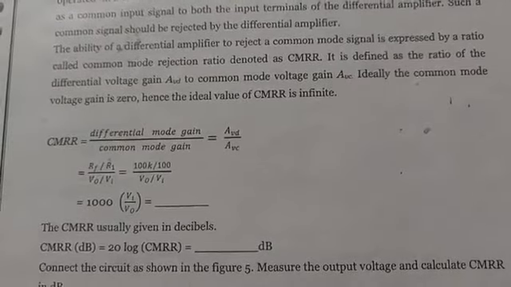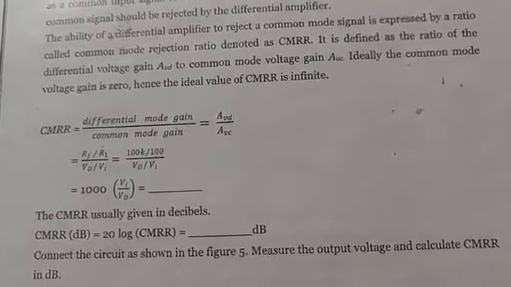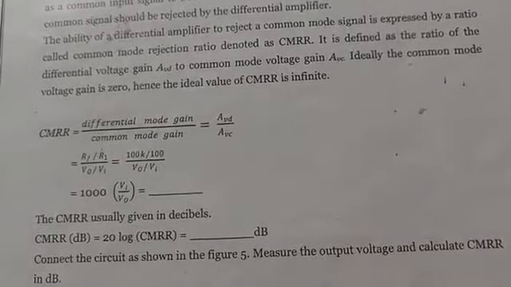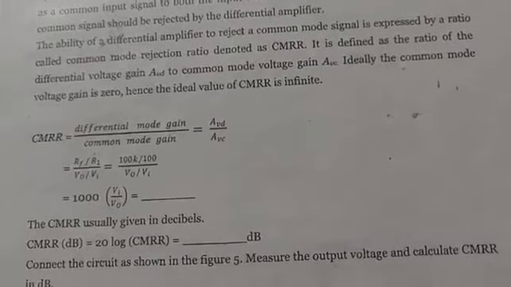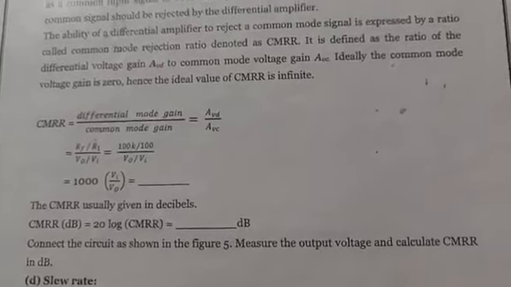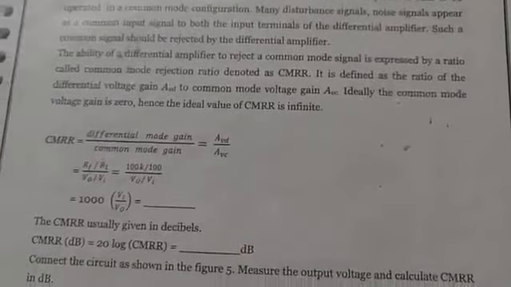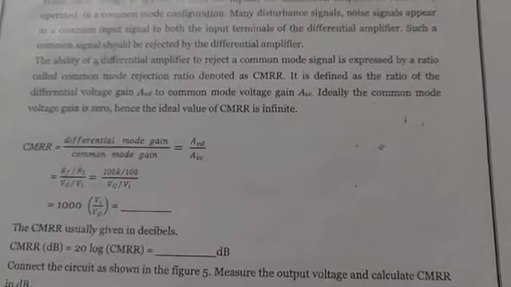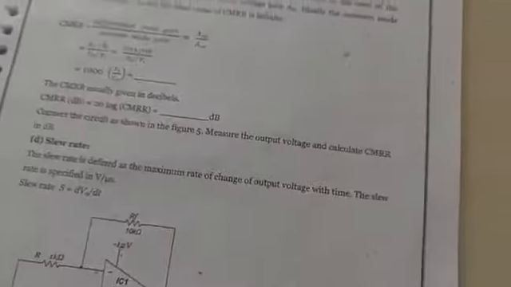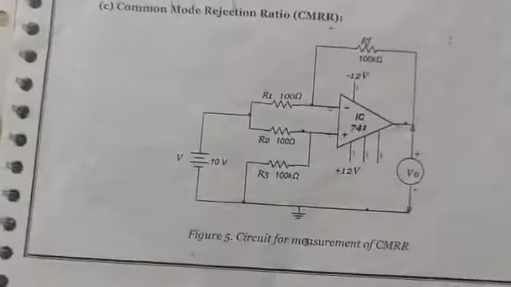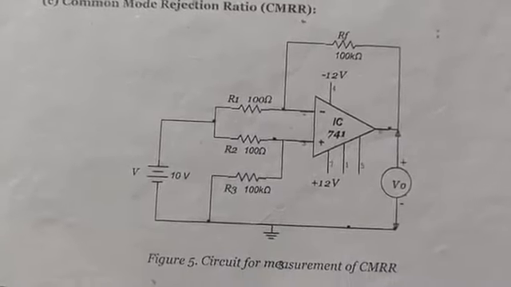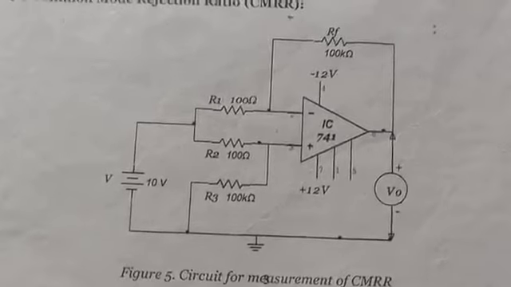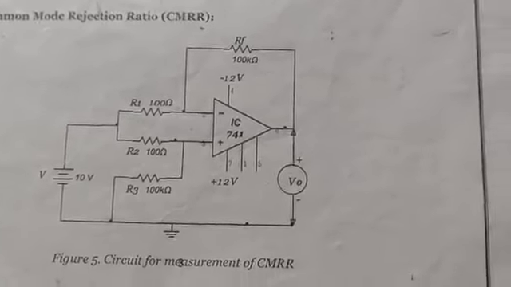And what is the common mode gain? Output voltage upon input voltage, V0 upon Vi. We are going to measure here the V0. And Vi is going to be 10 volt. We are going to give the DC voltage. According to this circuit, this is the 10 volt DC voltage we are going to apply between pin number 2 and pin number 3, the common terminal of 100 ohms.